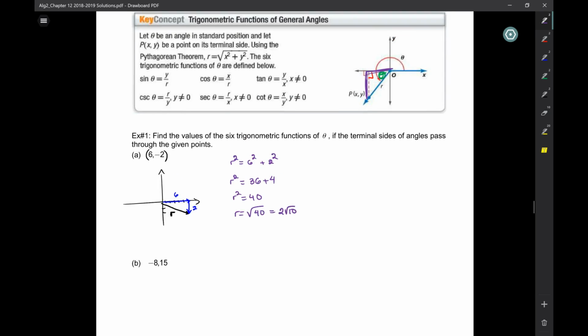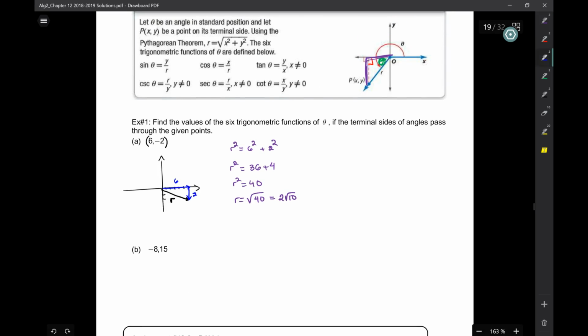Now, because this is not the unit circle, I have to do SOHCAHTOA. Is my radius 1? No. Then I have to do SOHCAHTOA. So sine of theta is opposite over hypotenuse.